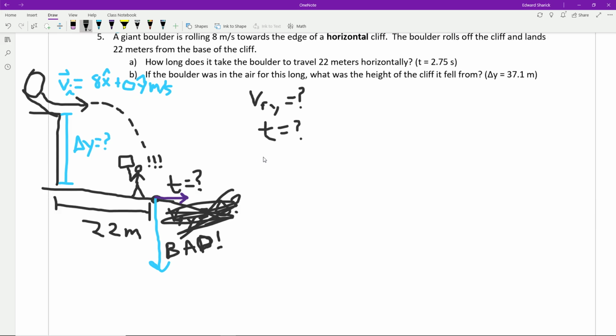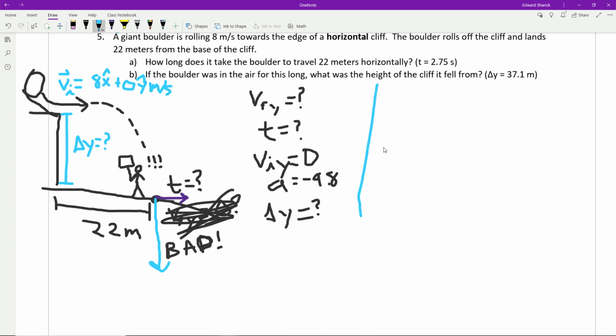I do know v initial is 0, and I do know acceleration is negative 9.8 meters per second squared. But I don't know what delta y is. So none of my equations will work. I have 3 unknowns. I count them: 1, 2, 3. So in my y direction, I'm actually stuck. So it's time to look at our x direction and figure out what we can do from there.